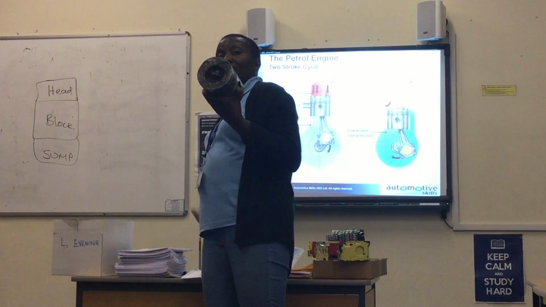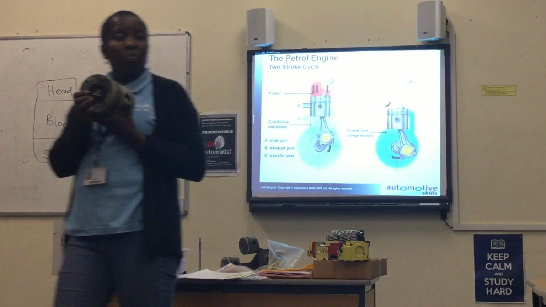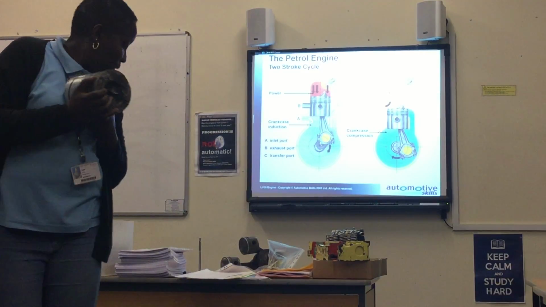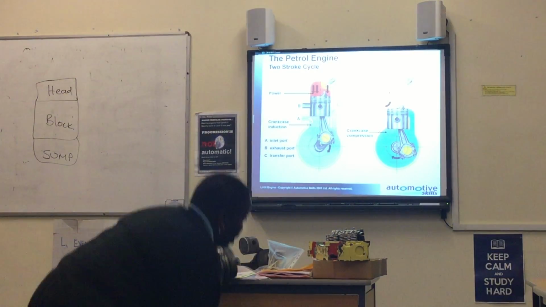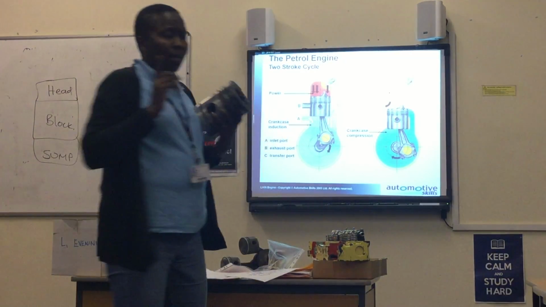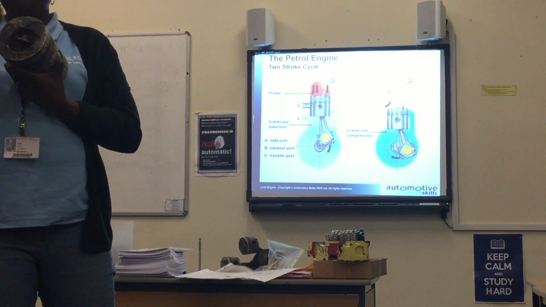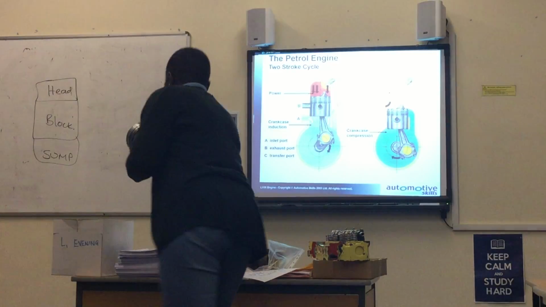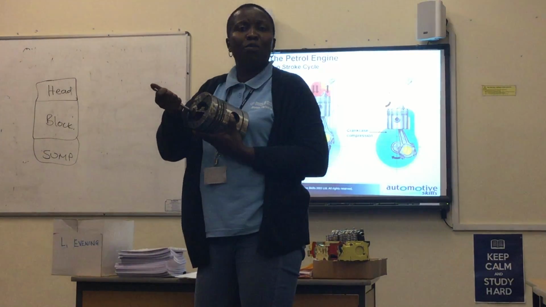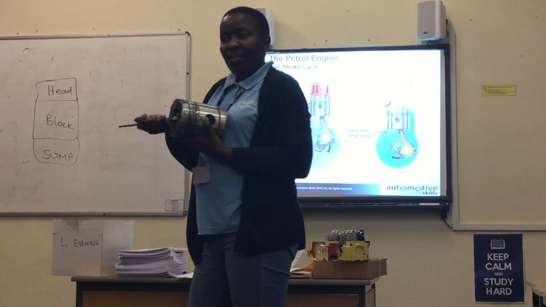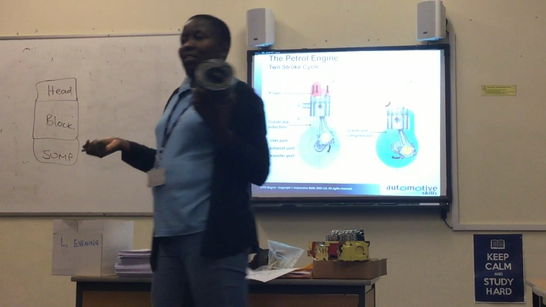So that is the damage which can happen to a piston. Also, as we discuss further, you will find if the timing belt snaps, the valves will hit the top of the piston and the engine will be effed or finished. F for finished.